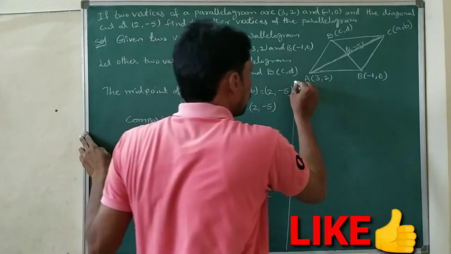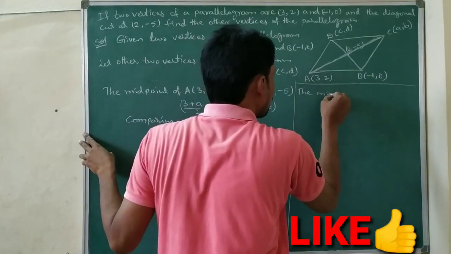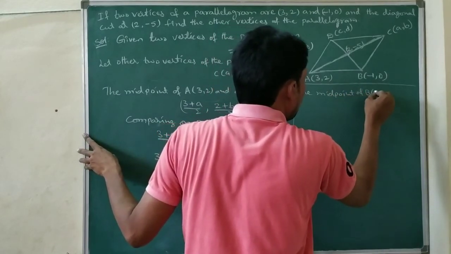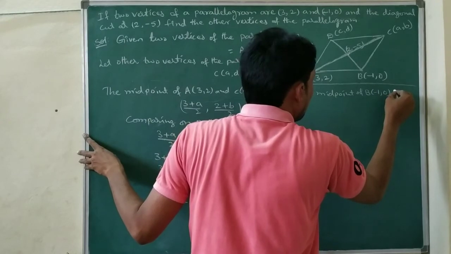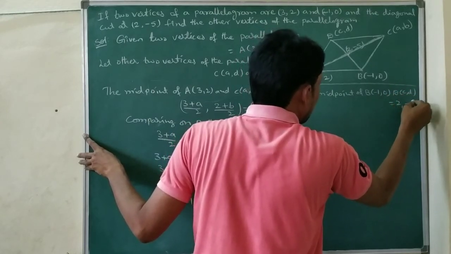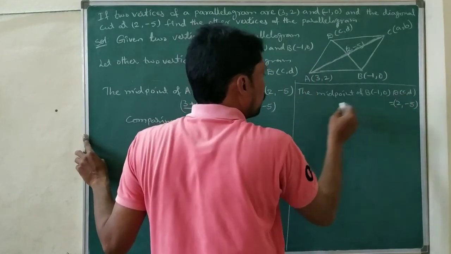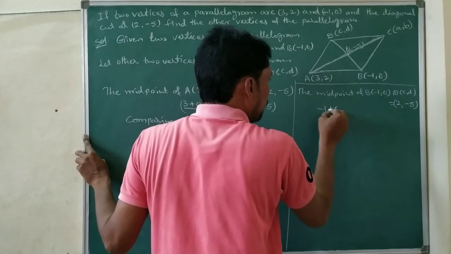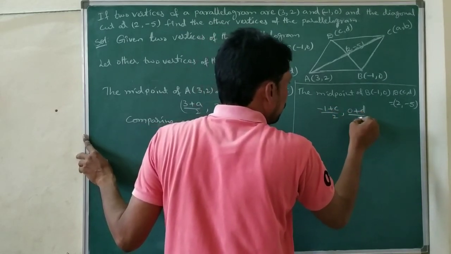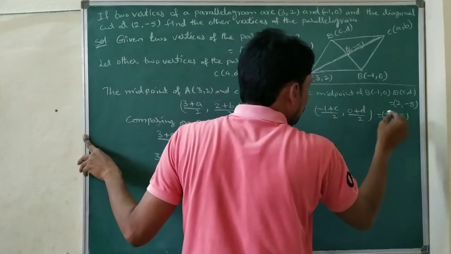Now in the same way, take the midpoint of B of minus 1, 0 and D of c, d, which equals 2, minus 5. So here, x1 y1 x2 y2 means (minus 1 plus c) by 2, (0 plus d) by 2 equals 2, minus 5.